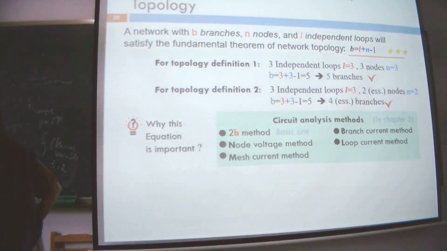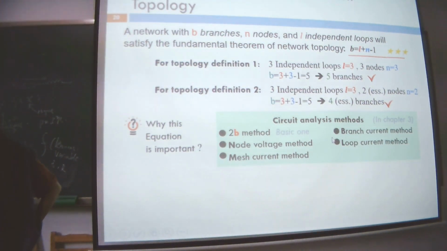For this one, our B is 5, right? So 2B equations means 10 equations. But here, you can see the 2B method uses 8 equations. So 8 equations is better than 10 equations, right?